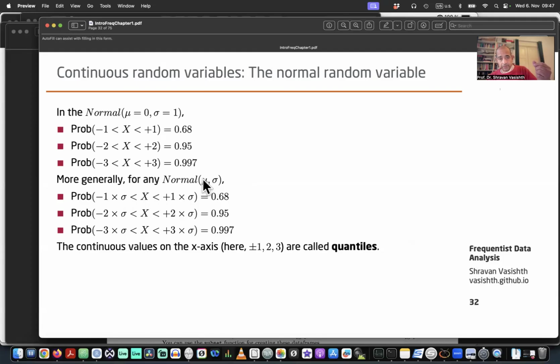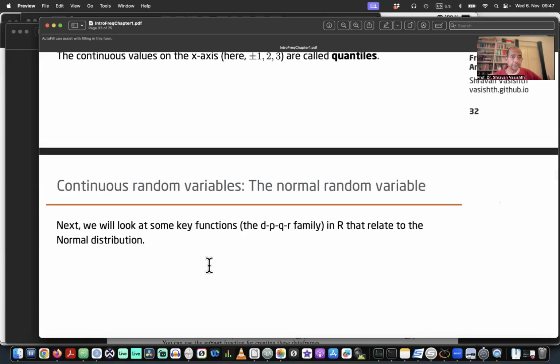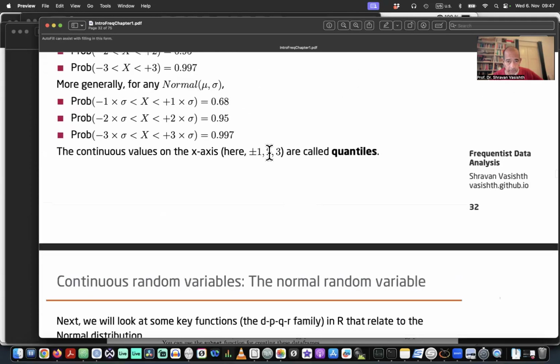For any other normal distribution with a different standard deviation, the quantiles will be with reference to the standard deviation. So -2 times sigma, -3 times sigma is a quantile, +1 times sigma is a quantile. So when I refer to a quantile, I'm talking about this quantity here, right? These points in the normal distribution that cover certain areas under the curve times the standard deviation will give us the quantiles. Okay, so this is also something I should have written more precisely here, right?